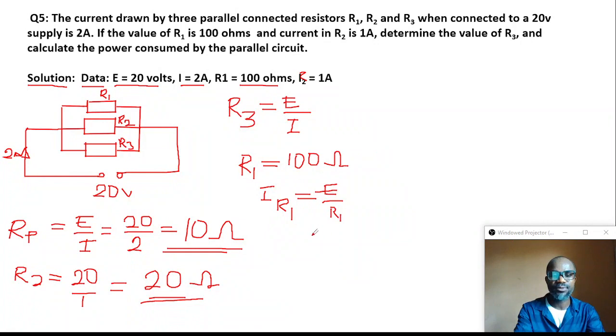Now we substitute wisely. For energy here we have 20, and for the value of resistor 1 is 100. We cancel out where necessary, so this will give us 0.2.